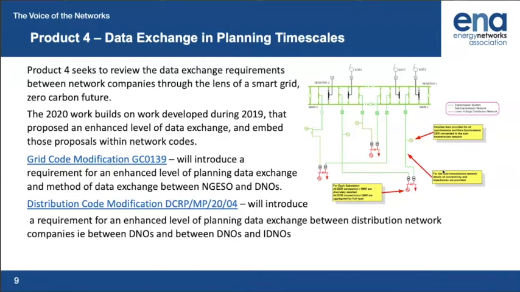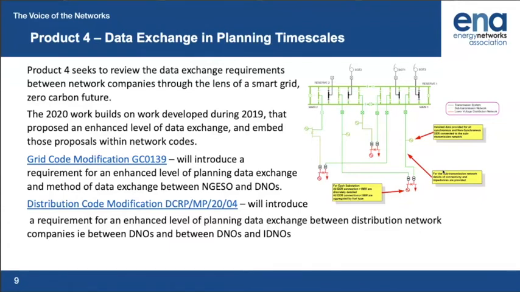So I'm leading a grid code modification, GC 0139, which looks to introduce the enhanced requirement for data exchange, and is also considering how we would do that data exchange. So it's looking at how you would mandate an electronic data exchange, as well as the new enhanced level of data exchange. But there is a knock-on effect of that.